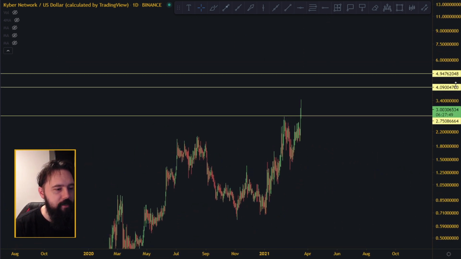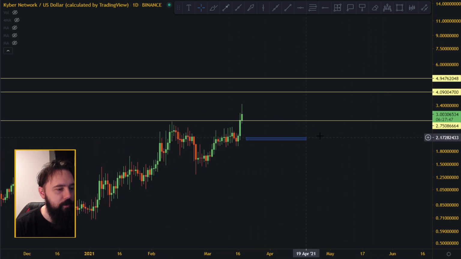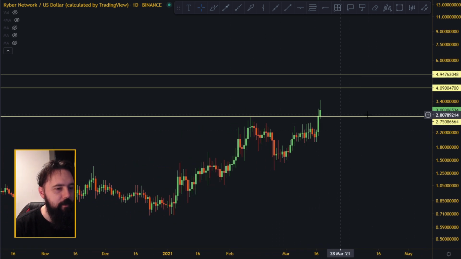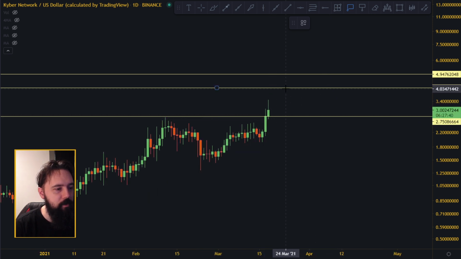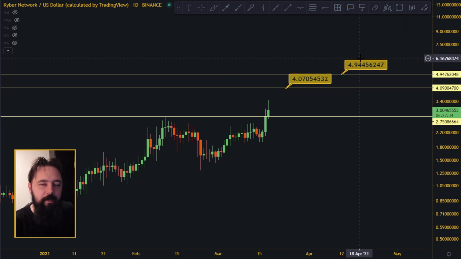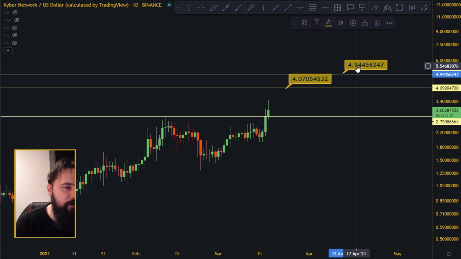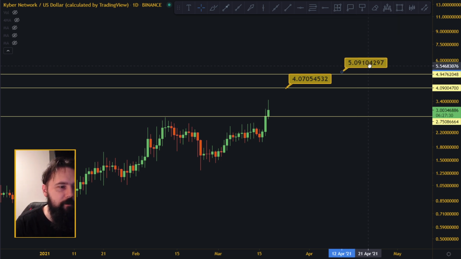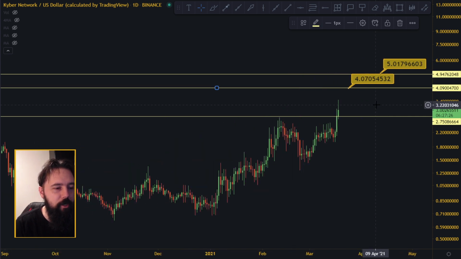Anyways, these are the resistances we have right now on the Kyber network, and you can see clearly here that the first resistance is broken. It's been tested. It's going up. So we got 407 and 4.9, around 5. I think daily is just a tad over 4.9, so maybe around 5, something like this. That should actually be the top target for this.